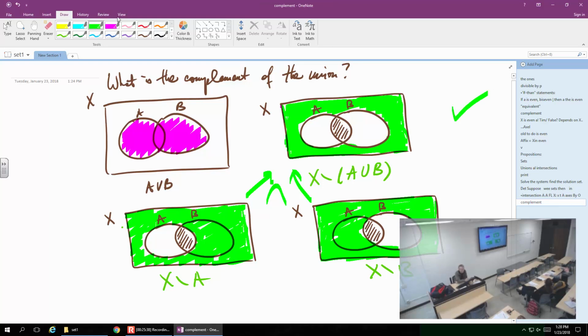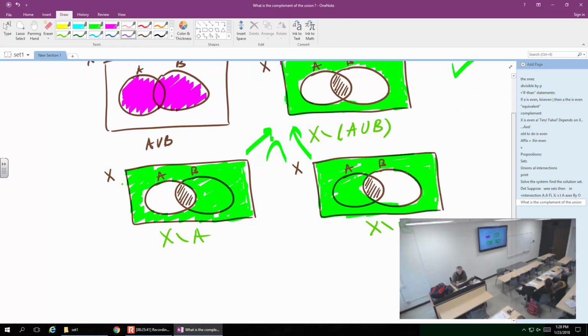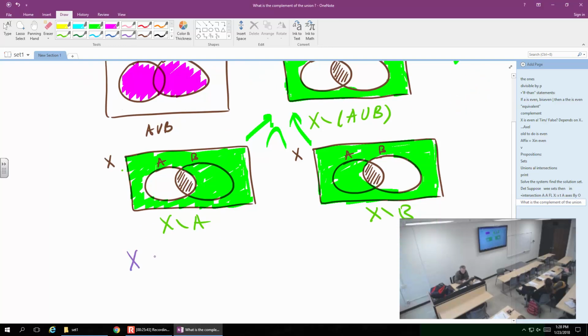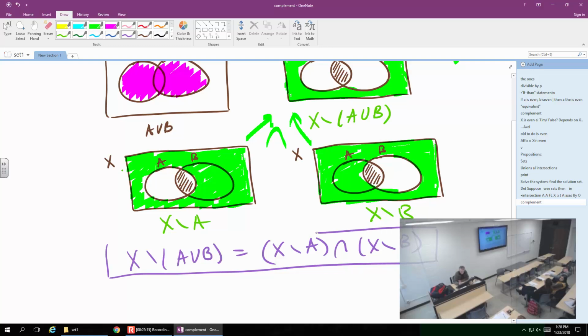Okay, so let me write it out. X minus A union B is X complement A intersection X complement B. So once again, you notice how the union turns into intersection.